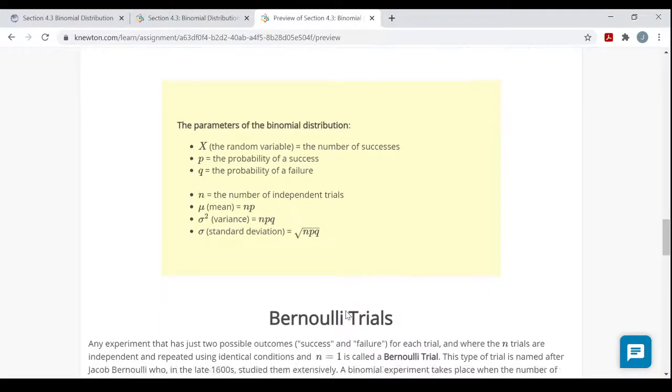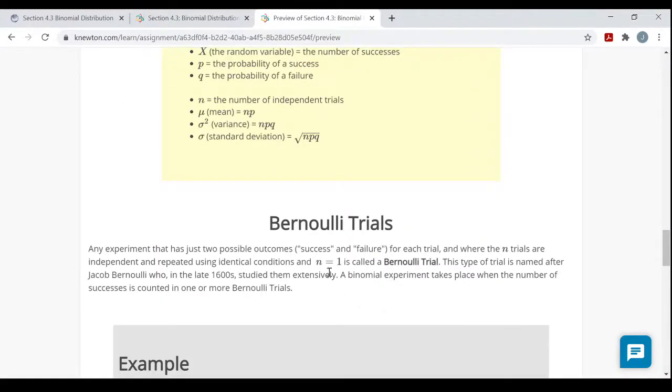All right, so let's get into an example here. Now, again, I mentioned the name Bernoulli before. Remember, for a binomial experiment, any experiment that has just two possible outcomes, success and failure for each trial, and where the n trials are independent and repeated using identical conditions, if you just have one single trial, that single trial is called a Bernoulli trial sometimes.